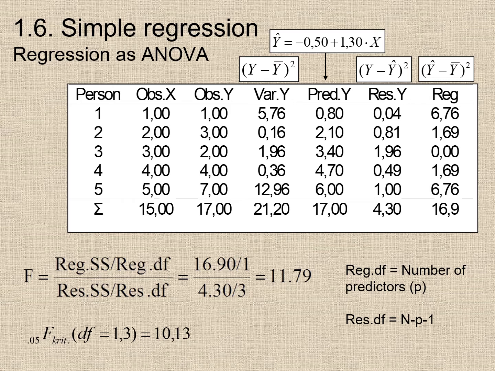If that is the case, what do we expect? We expect the F ratio in a sample of this size, in all samples actually, to be more or less 1.